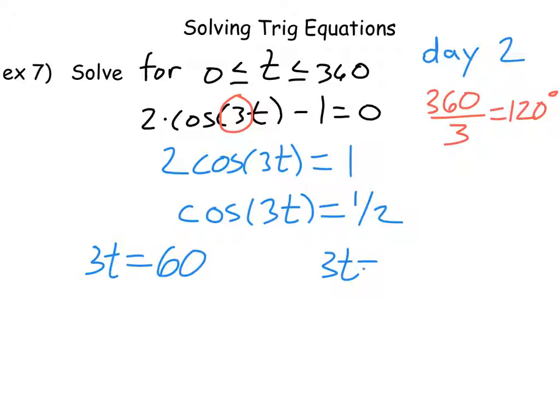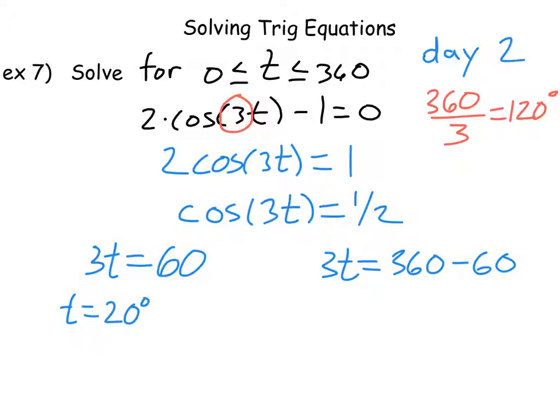Honestly, if you can't remember, I would pause and go check your notes because you have an example from the first day. What is the rule for cosine to get the second solution? Cosine is always 360 minus your first. Okay? Now we're in a position where we're going to deal with this 3.